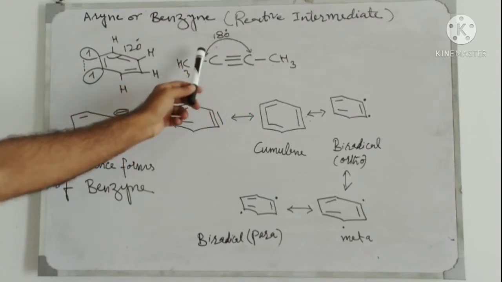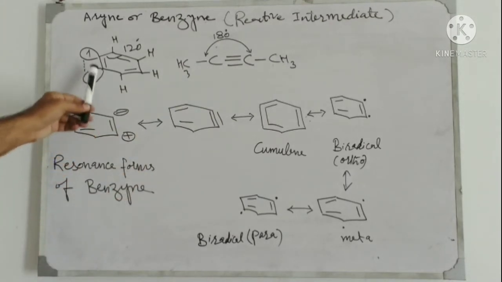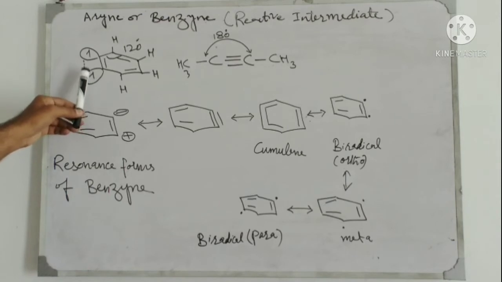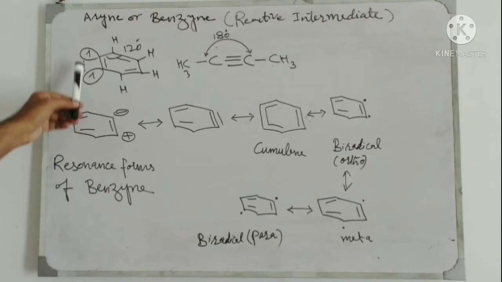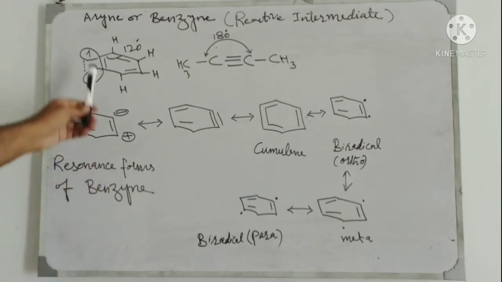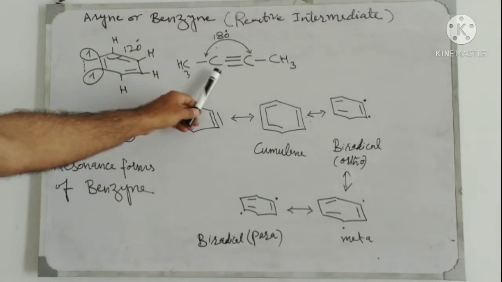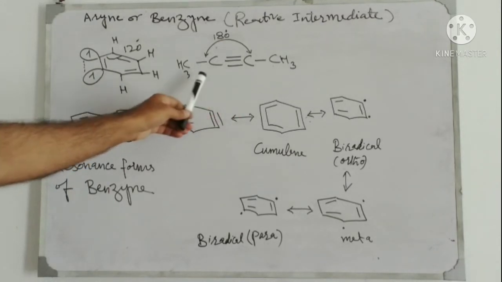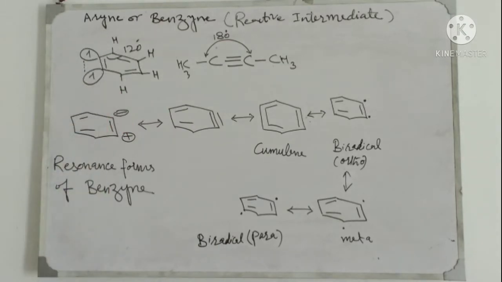In the case of the benzyne, you can see one electron in each of these sp2 hybridized orbitals. Through this parallel overlap, we can form a triple bond here. So in the case of the benzyne the bond angle is 120 degrees. As alkynes are linear, this benzyne is a highly strained molecule.